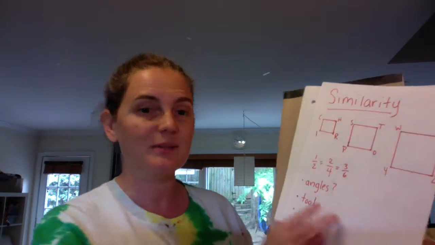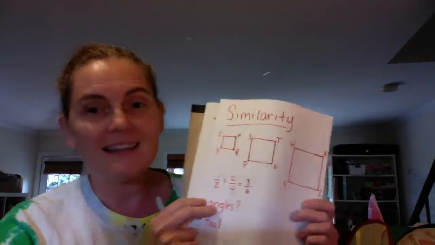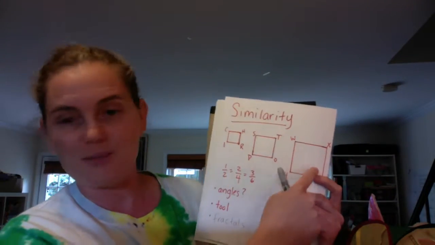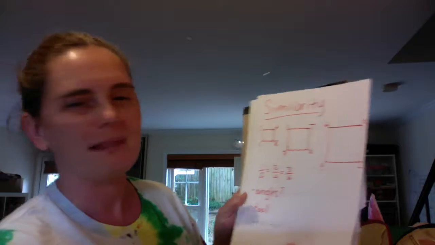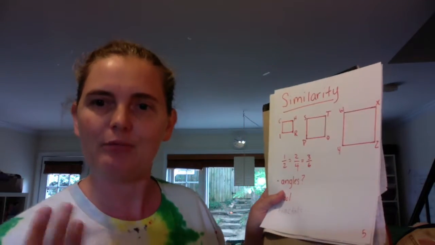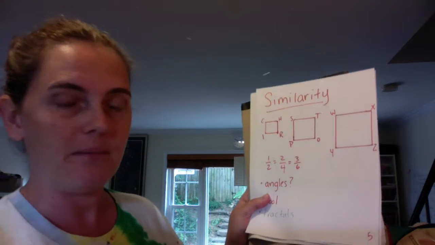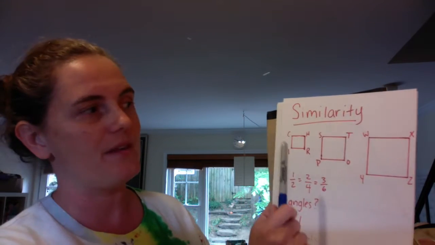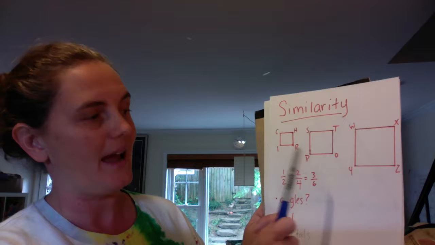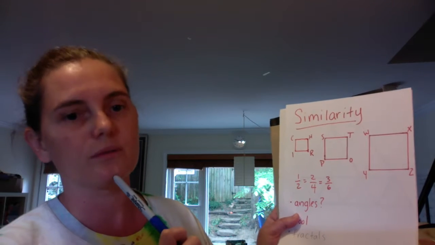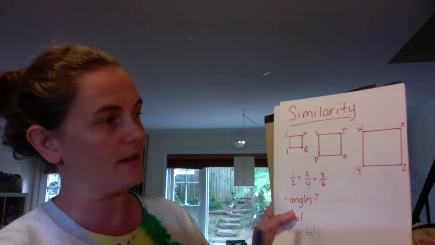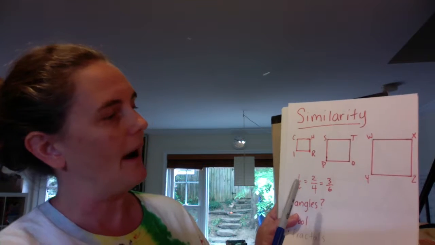So similarity between shapes is pretty easy to see, right? That these shapes are similar. I mean, they look like that. In your vocabulary, you'd probably already think, oh yeah, those are similar. But what that actually means, mathematically speaking, is that their sides hold equal ratios. All right, so the sides are proportional to one another.